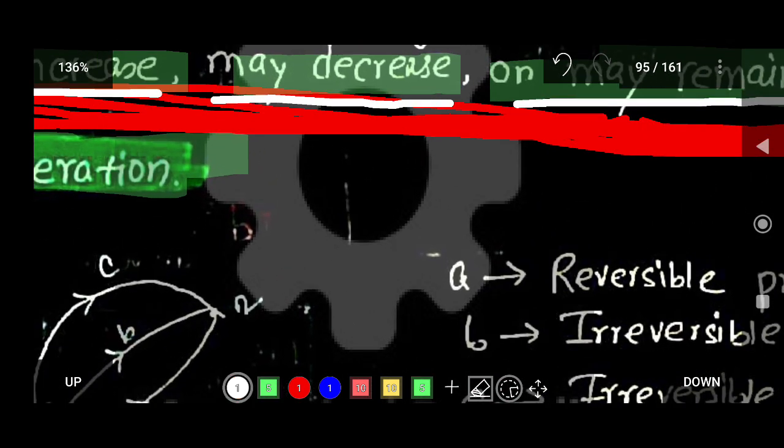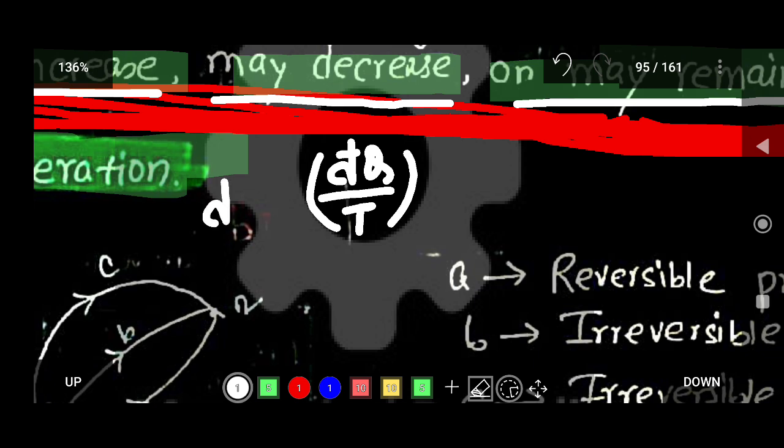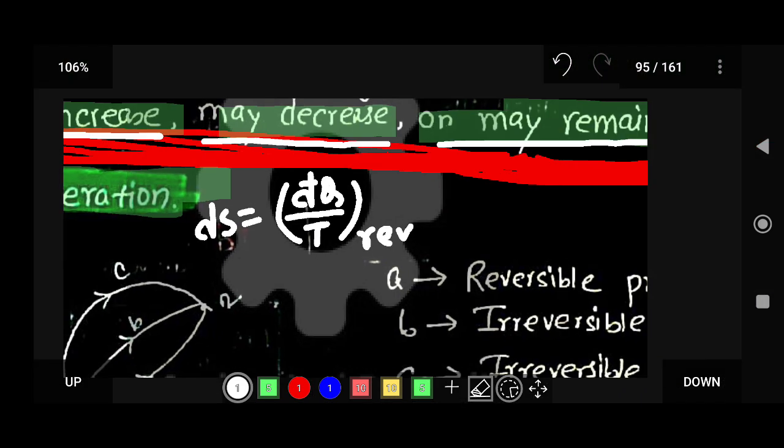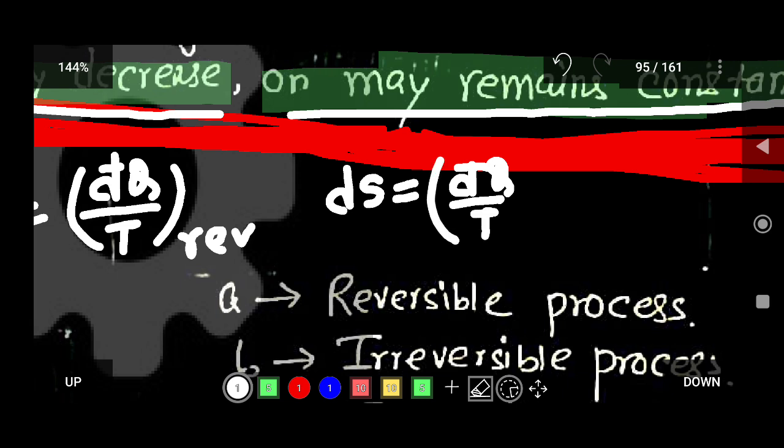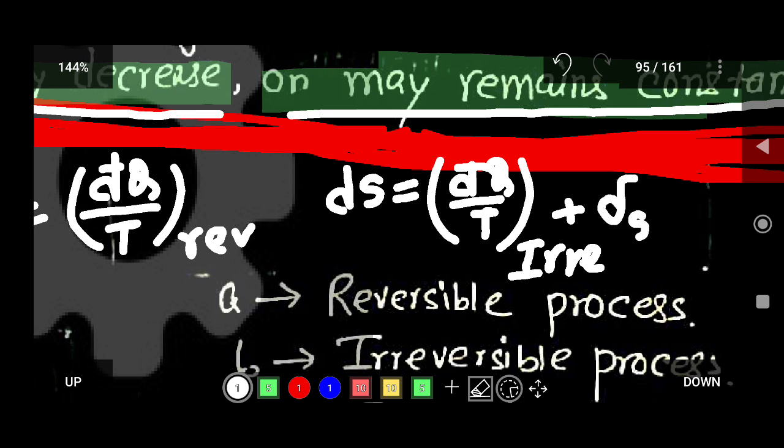We know that dS for a reversible process is equal to del Q by T. And for an irreversible process, dS is equal to del Q by T for the irreversible process plus delta S. So delta S is basically the entropy generation.